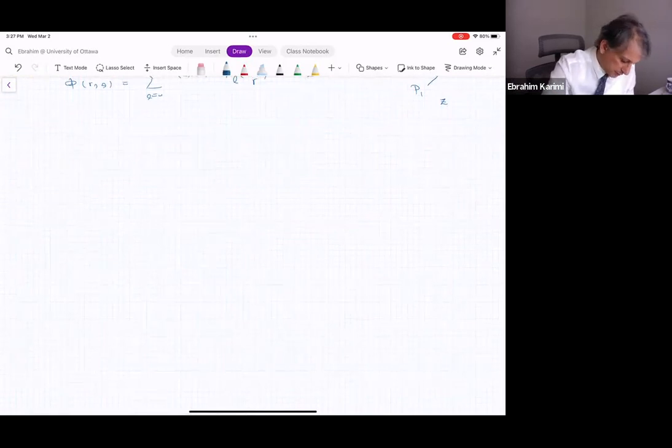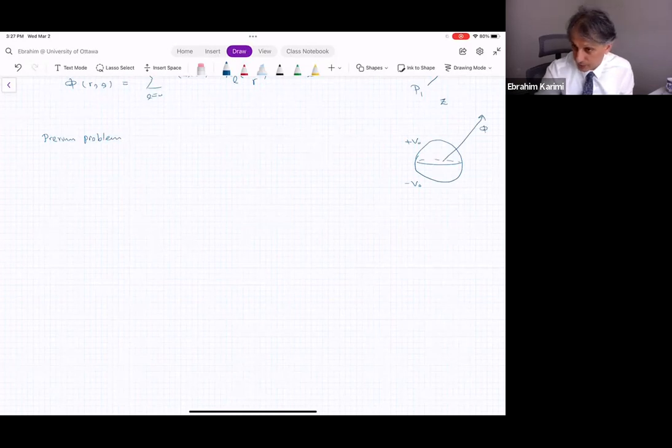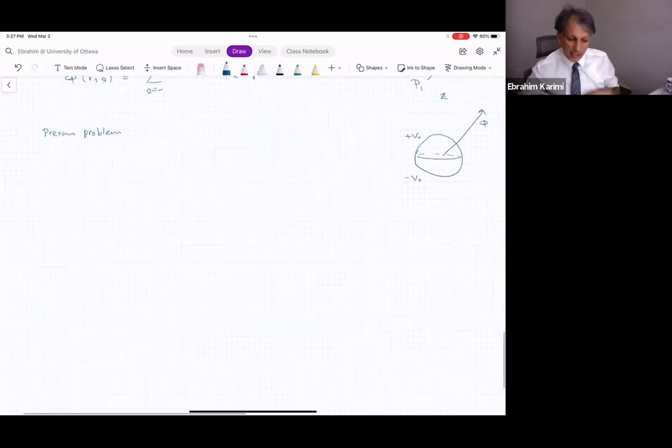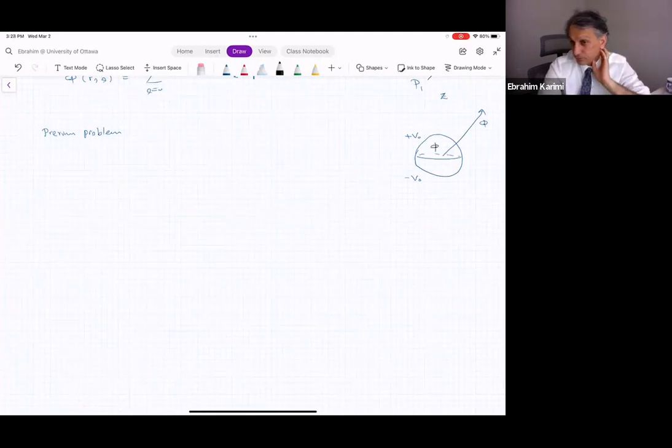So in the previous problem, we looked for the potential outside of the sphere, and we kept the potential at plus V0 and minus V0, and we said find the potential anywhere outside of the sphere. Now the question that I'm asking you is completely inverted: what is happening with the potential inside of the sphere? Let's solve it. All right.